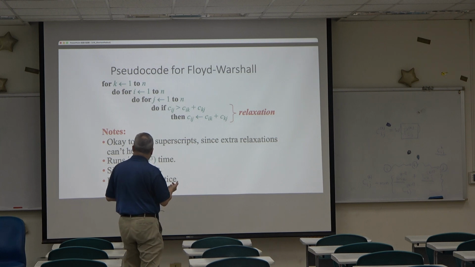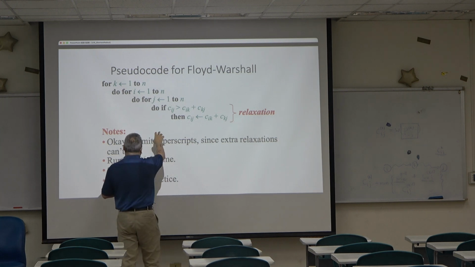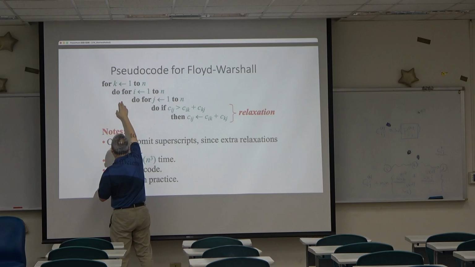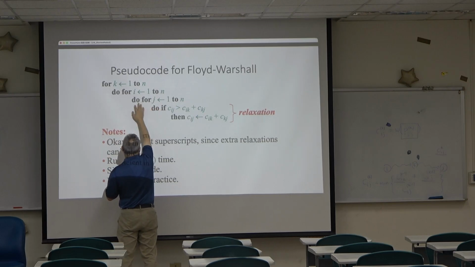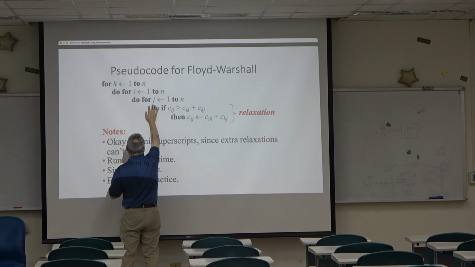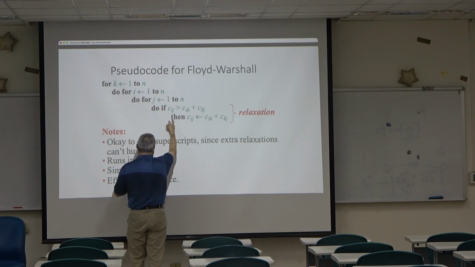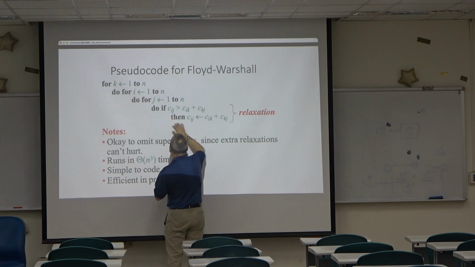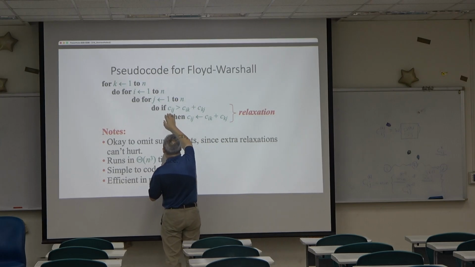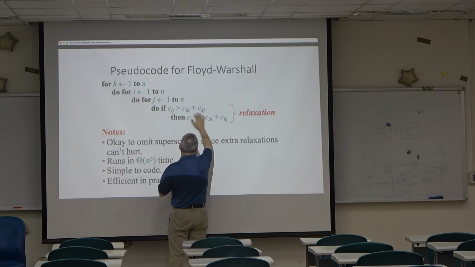The inner nested loop: for i from 1 to n, for j from 1 to n, basically we are trying to calculate this. See if C_i,j is greater than C_i,k plus C_k,j, then you assign this one.